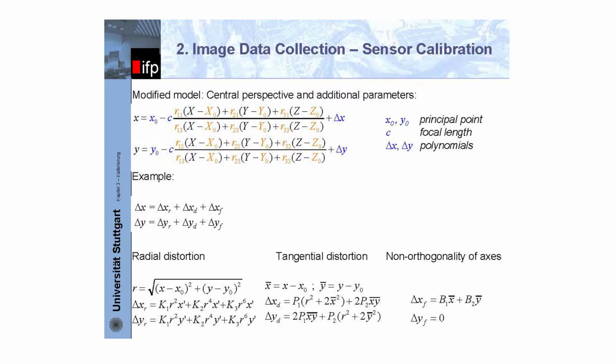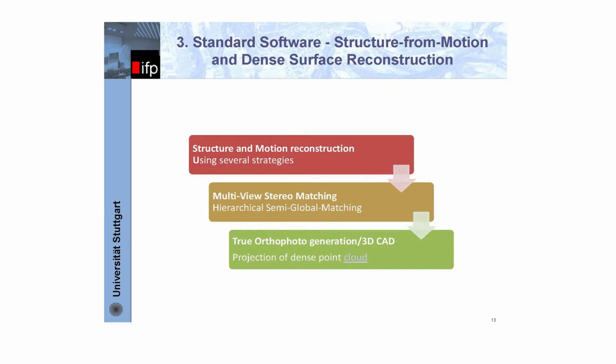So no problem. You see here we can physically model the radial distortion, tangential distortion, and can also model non-orthogonality of axes, but there are many, many more effects, and those more effects can be modeled by additional parameters which we have developed, by Fourier parameters and also Legendre parameters.